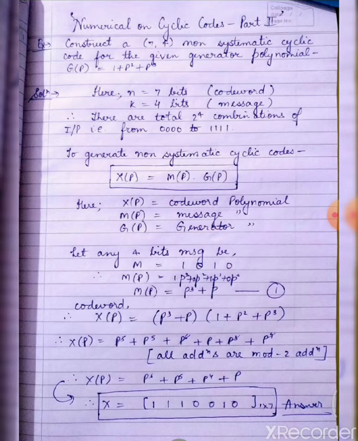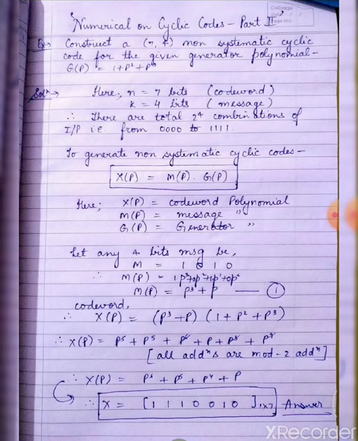We have p, so the coefficient for p will be 1. We don't have p square and p cube, so their coefficients will be 0, 0. We have p to the power 4, 5 and 6, so the coefficients for all three will be 1, 1, 1. So finally the code word generated from the polynomial comes to be 1, 1, 1, 0, 0, 1, 0. This is the generated code word for a 7,4 non-systematic cyclic code.